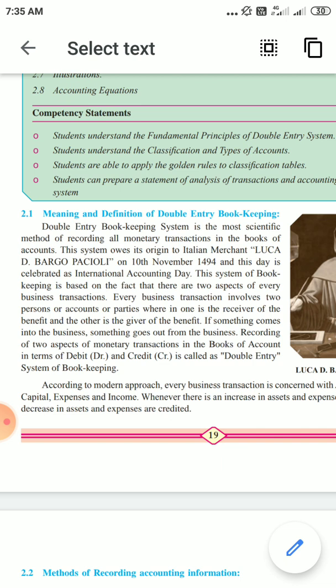Okay, so if something comes inside the business or something goes out of the business, or if it is a revenue or a loss, all these things will have two aspects, that is debit, known as DR, and credit, known as CR. That's why it is known as the double entry system of accounting.